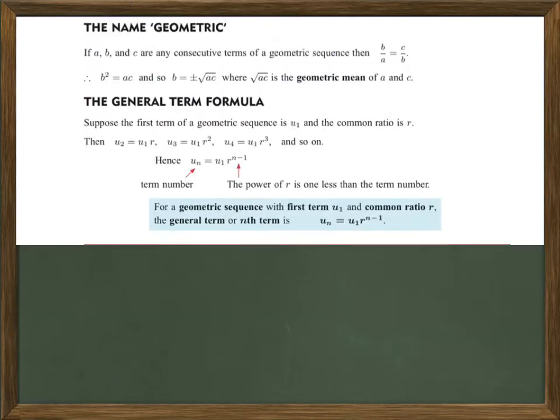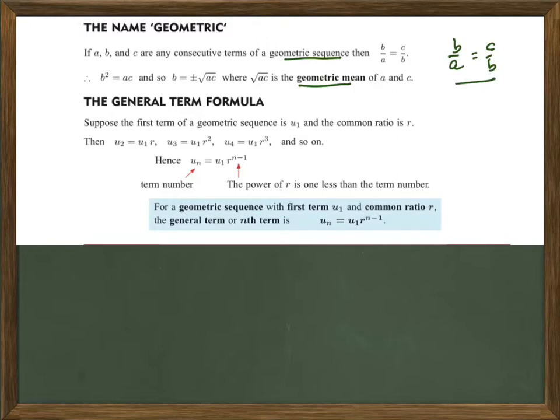Now we will talk about the geometric mean. What is the geometric mean? If A, B, C are consecutive terms of a geometric sequence, we can say B by A equals C by B. How is B by A equal to C by B?